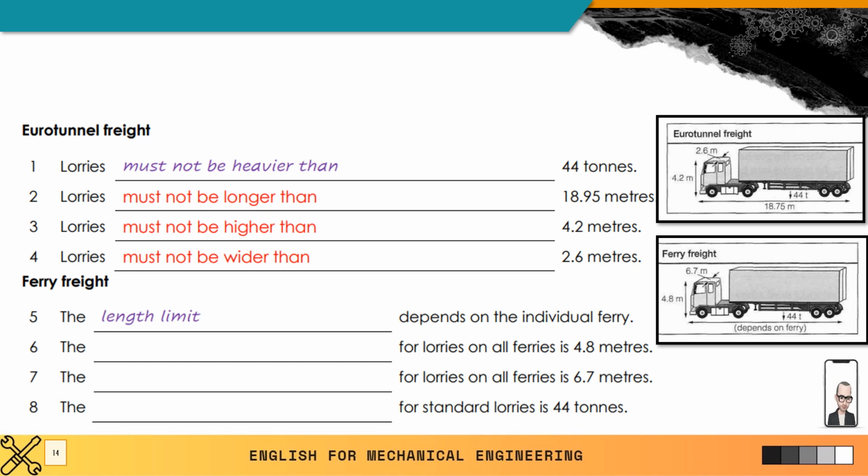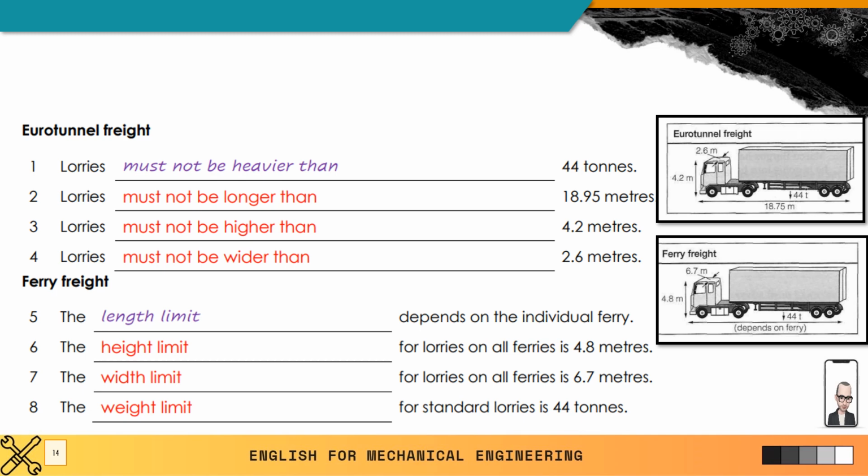The ferry, the length limit depends on the individual ferry. The height limit for lorries is 4.8 meters. The width limit is 6.7 meters. And the weight limit for standard lorries is 44 tons. Okay. So height limit, width limit, and weight limit were your answers in 5, 6, 7, and 8.